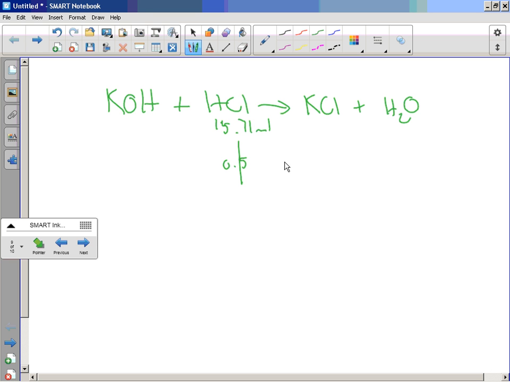Does somebody have that in front of them? 402? 402 moles per liter. This guy was 10 milliliters, so we must have measured him with the burette or the pipette this time. And as for all titrations, we want to figure out the C equals N over V. That's what it's all about.